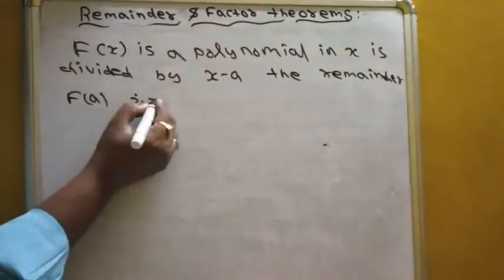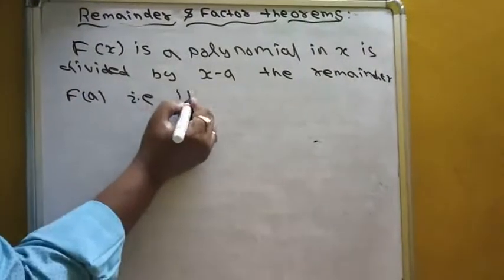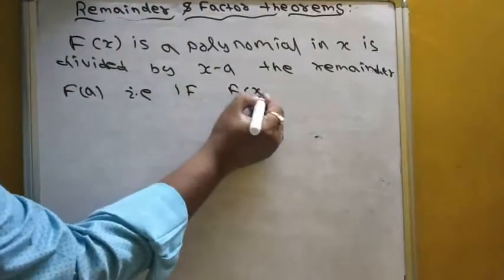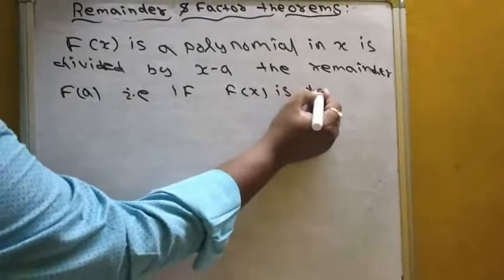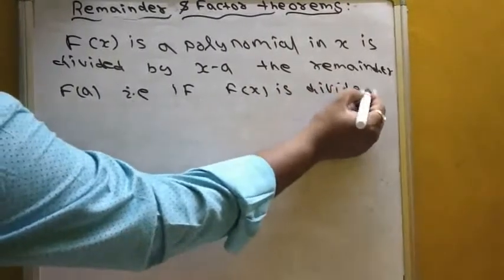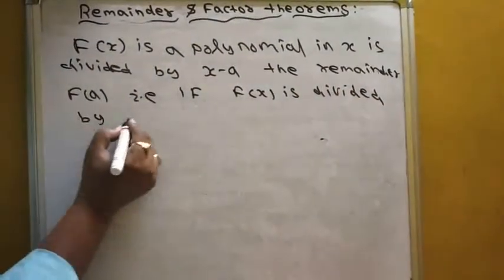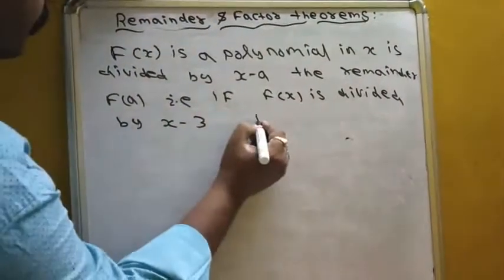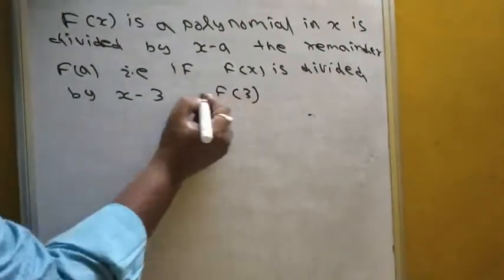That is, if f of x is divided by, for example, x minus 3, then what you have to do? f of 3 you have to write.